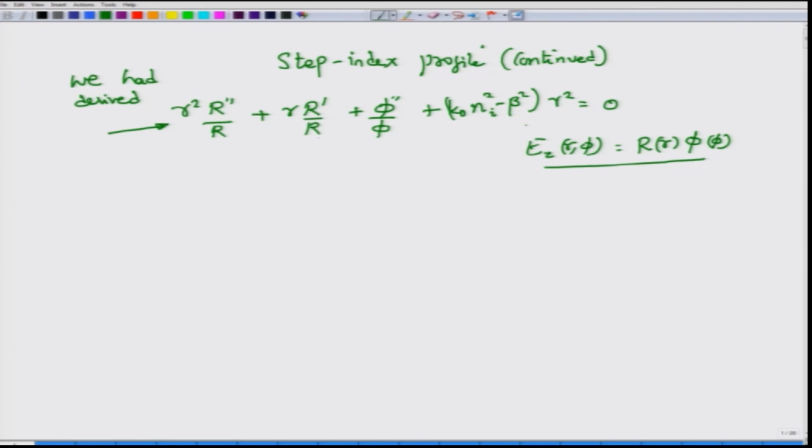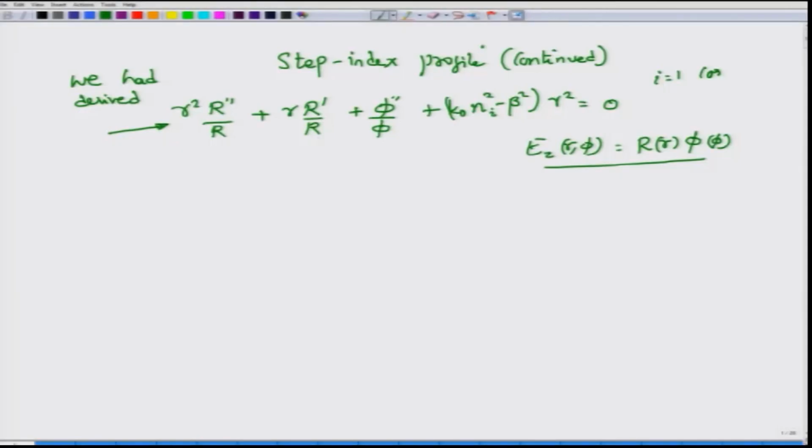So, the solution that we are going to discuss now will be applicable both for Ez and Hz, and you know that once the solutions of Ez and Hz have been obtained, all the other field components can be readily given by various combinations of Ez and its derivatives, Hz and its derivatives.